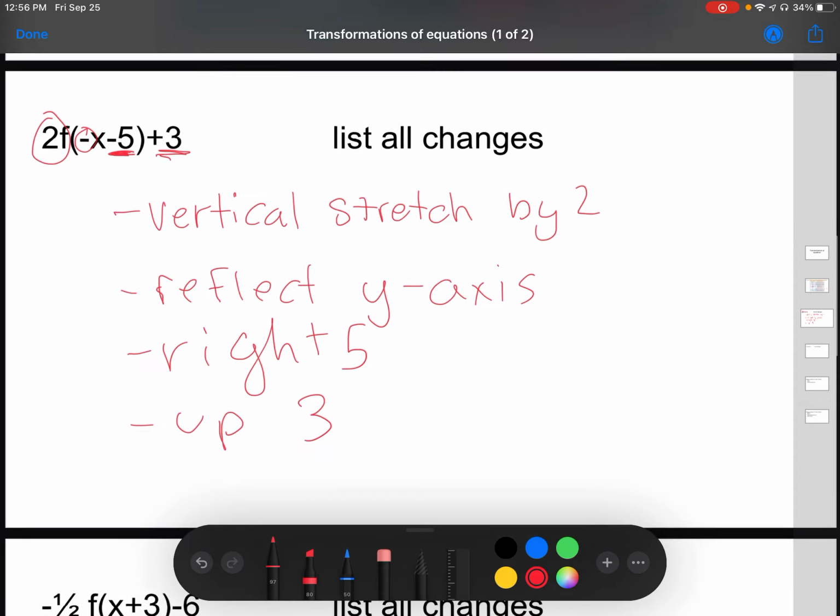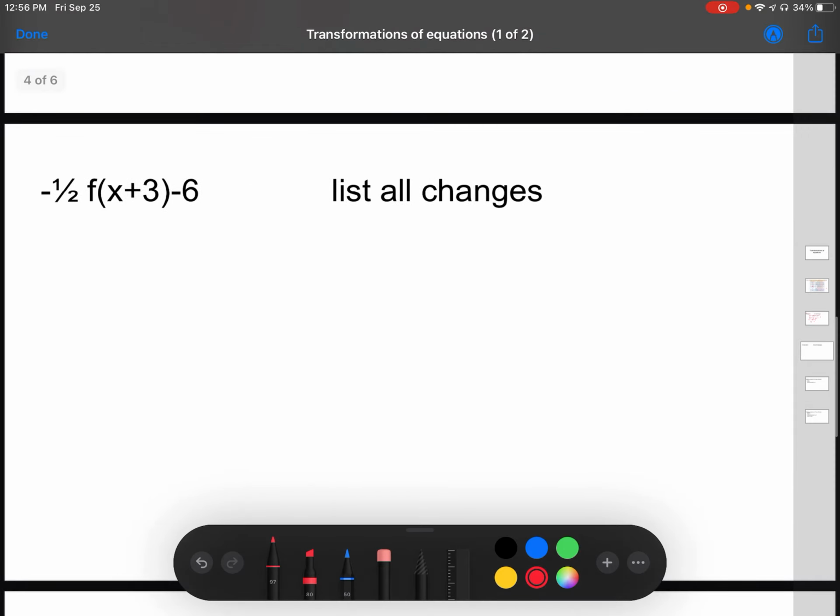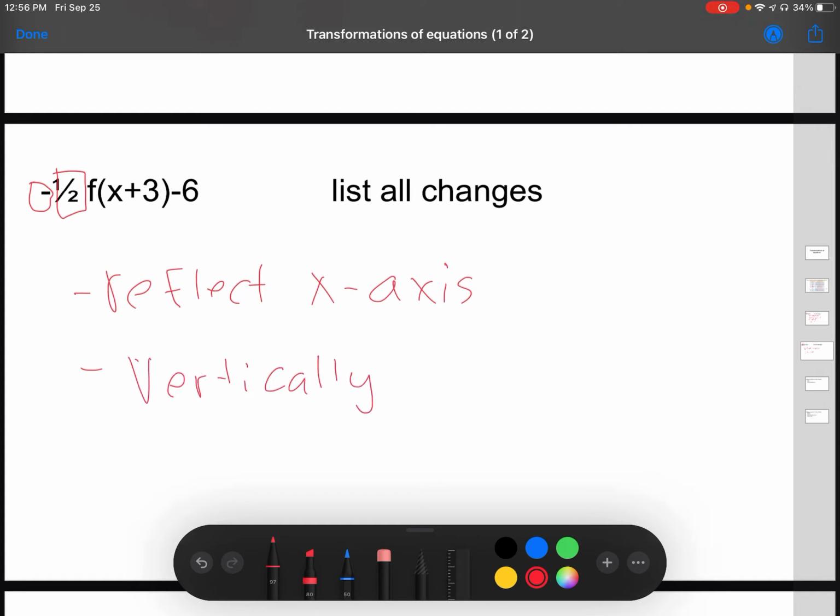In this next one, the negative is going to reflect the x-axis. The half is going to vertically compress by 2.